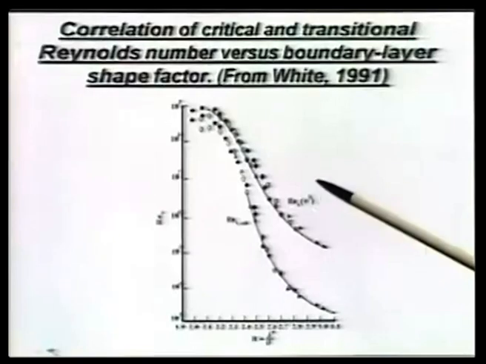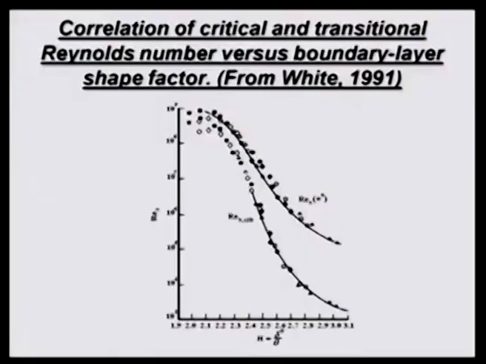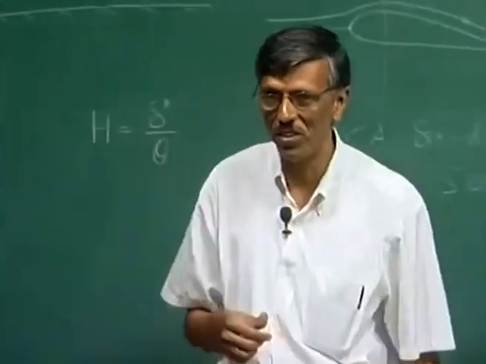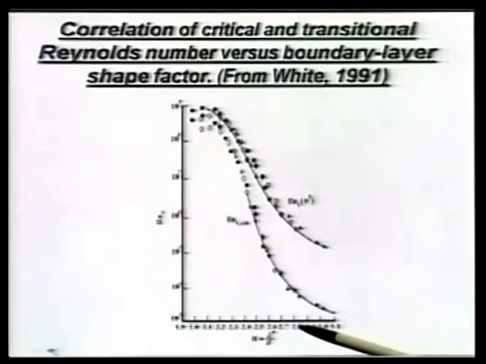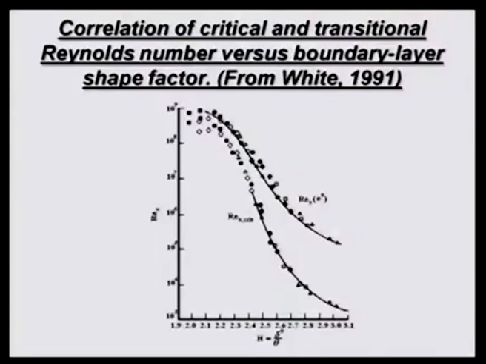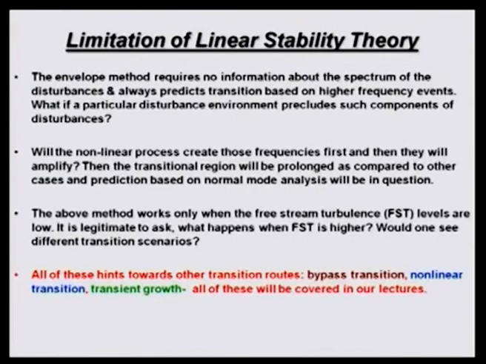This basically tells you the limitation of e to the power 9 theory, right. e to the power 9 theory may say that okay, for larger value of H, which means the decelerated flow, there would be a significant difference, but that does not happen so. So, please do understand that these linear theories do have their limitations. Okay, that is what we are talking about, limitations of linear stability theory.